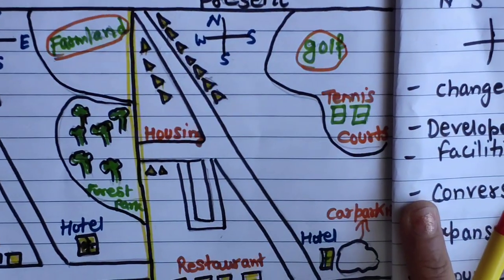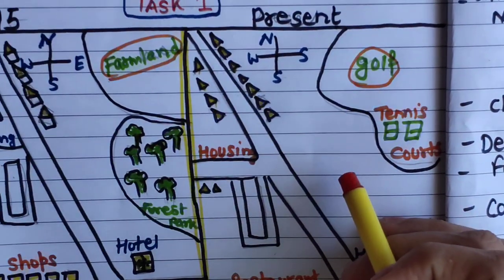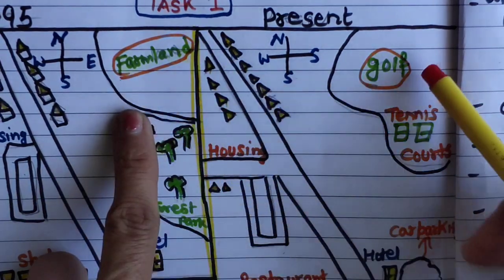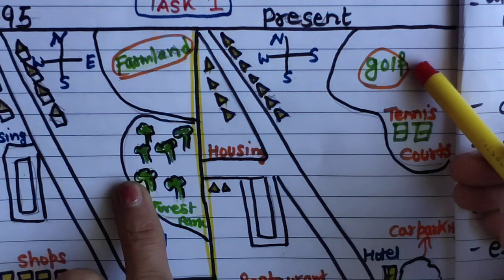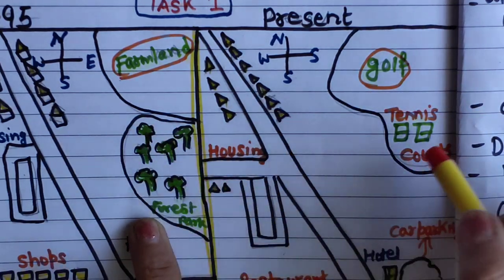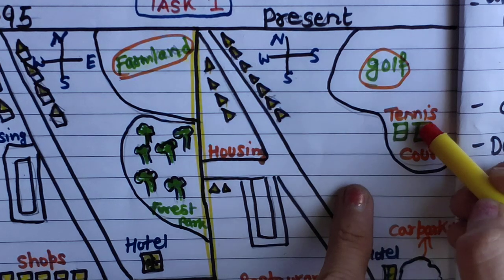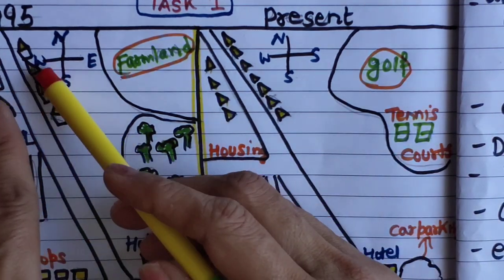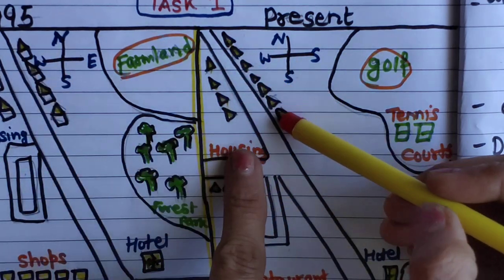Now what about the present? It's important to look at both maps. At present, instead of farmland they have developed a golf course, and instead of the forest park they have removed it and constructed tennis courts. You can see a lot of houses they have developed.